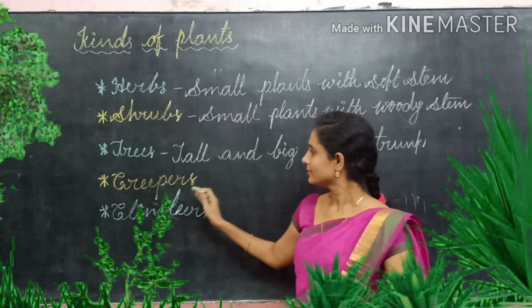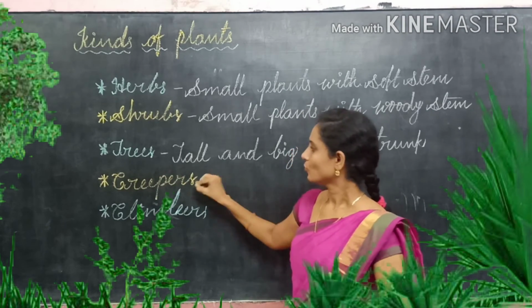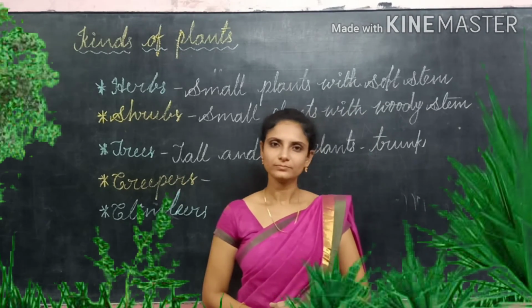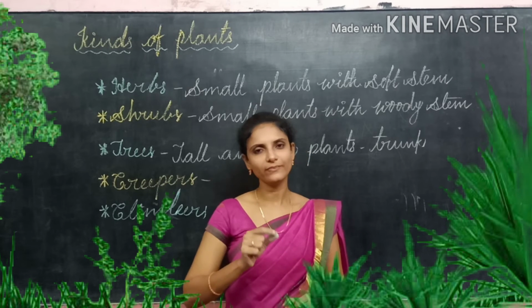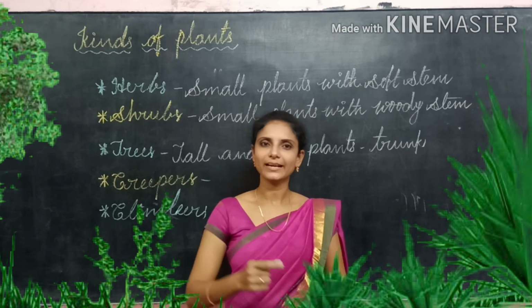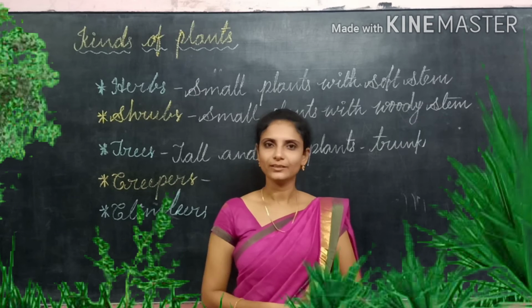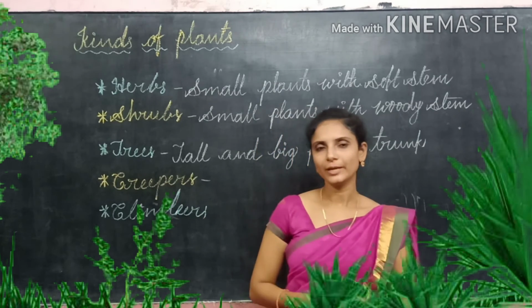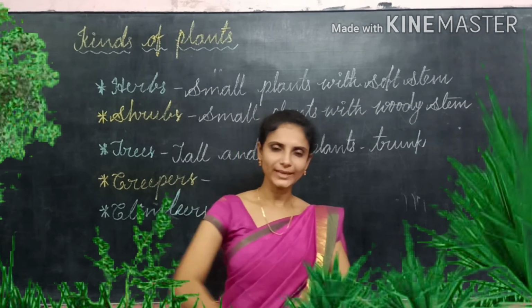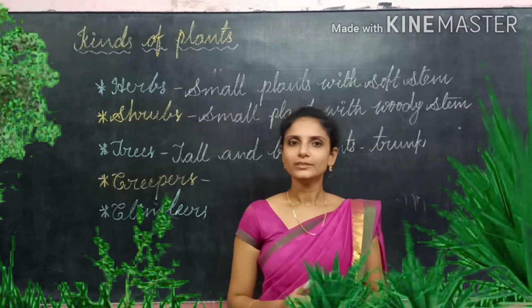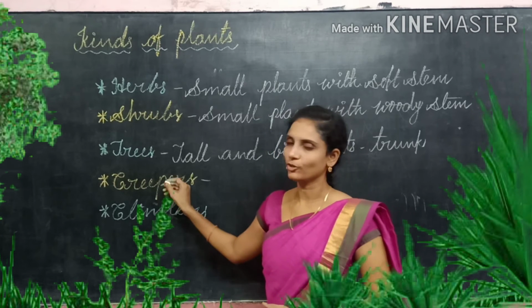Next one is creepers. What are creepers? Some plants have a very weak stem and are unable to grow vertically. So those types of plants grow horizontally along the ground. Such plants are called creepers.